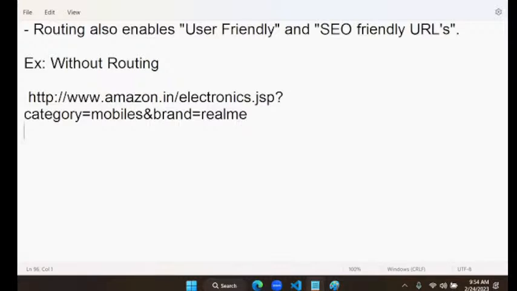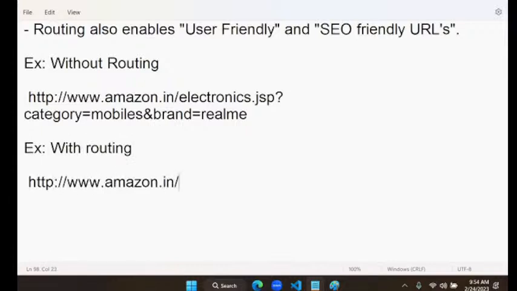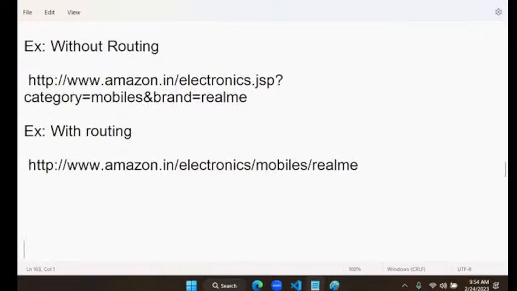Now, with routing, how does it look? With routing, this looks like this: http://www.amazon.in/electronics/mobiles/realme. This looks more simple and very clean.